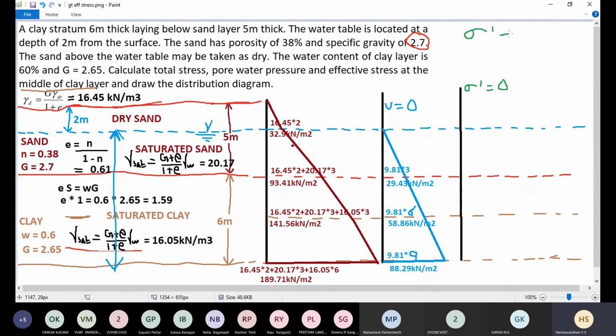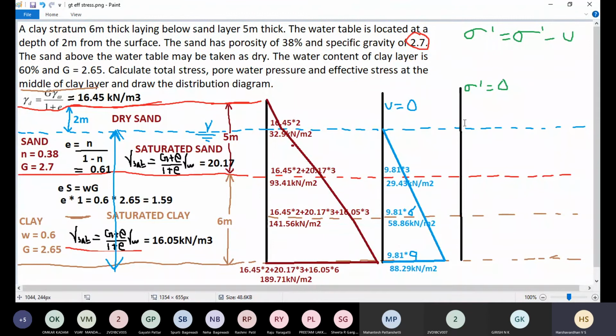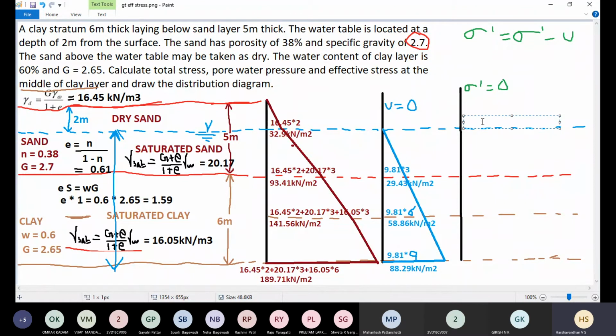Effective stress is given by total pressure minus pore pressure. At the top of the water table, total pressure is 32.9 and pore pressure is 0.